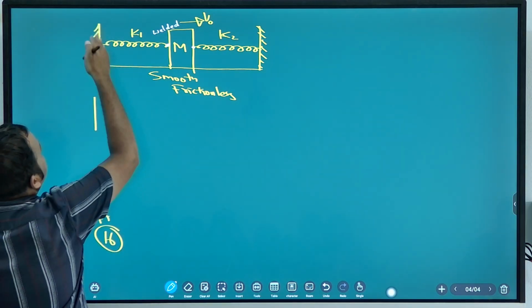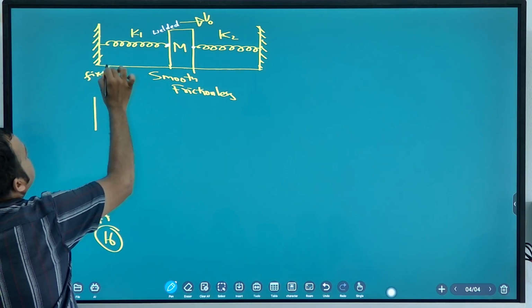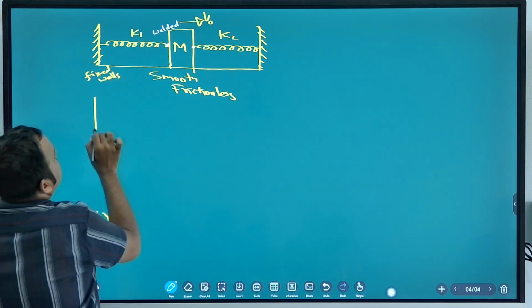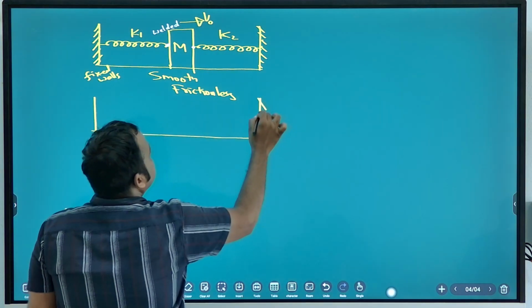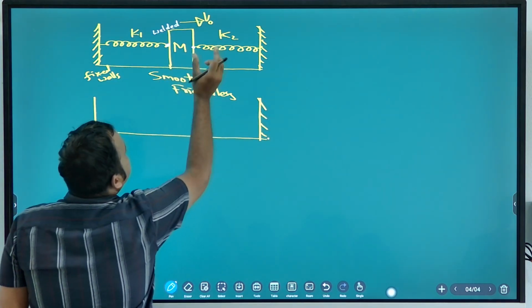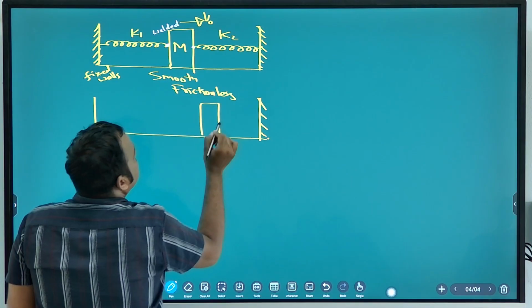These walls are fixed, so the distance between them is not changing, but the block is shifting to the right. Now the block is here.